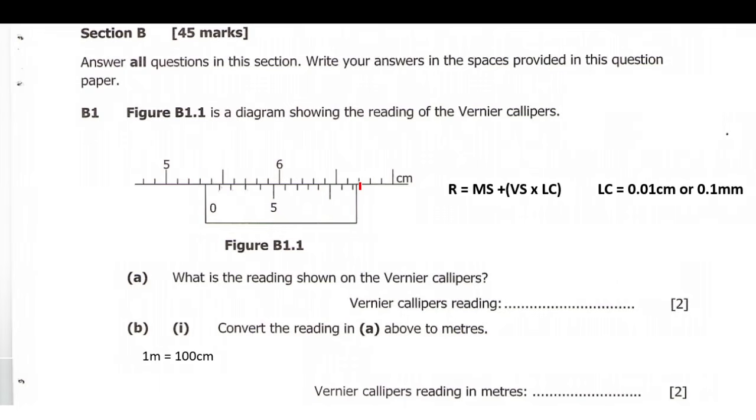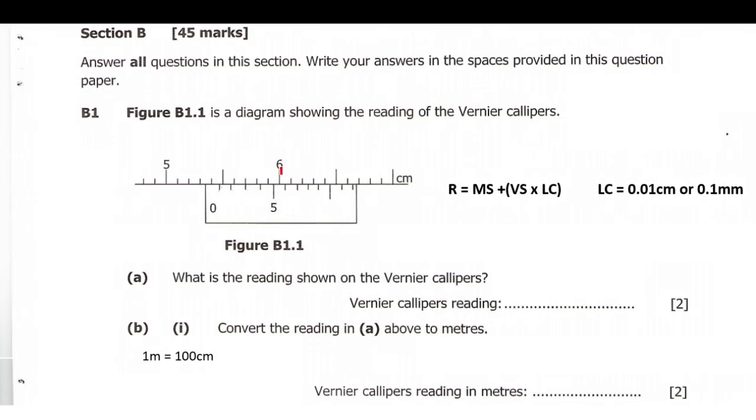Before you read this, you need again to study what these lines here are meant to represent. So here we have 5, 6. The line in between here should represent 5.5. How about these smaller ones? If this one is 5.5, this means this is 5.1, 5.2, 5.3, 5.4, 5.5, 5.6, 5.7, 5.8, 5.9, 6.